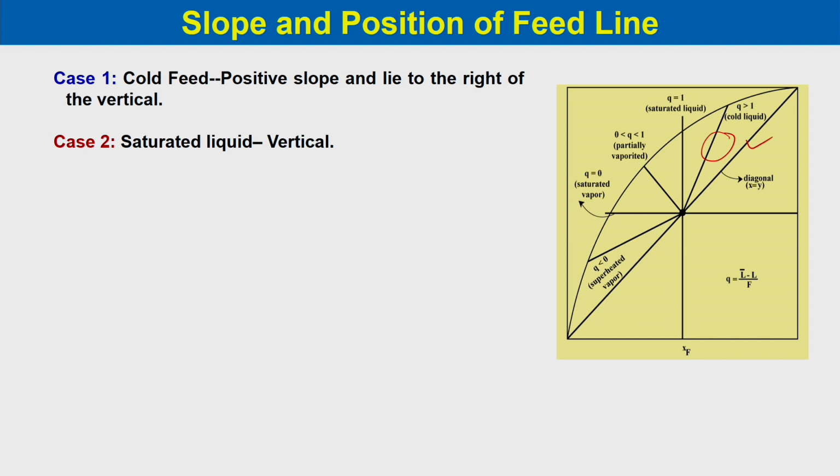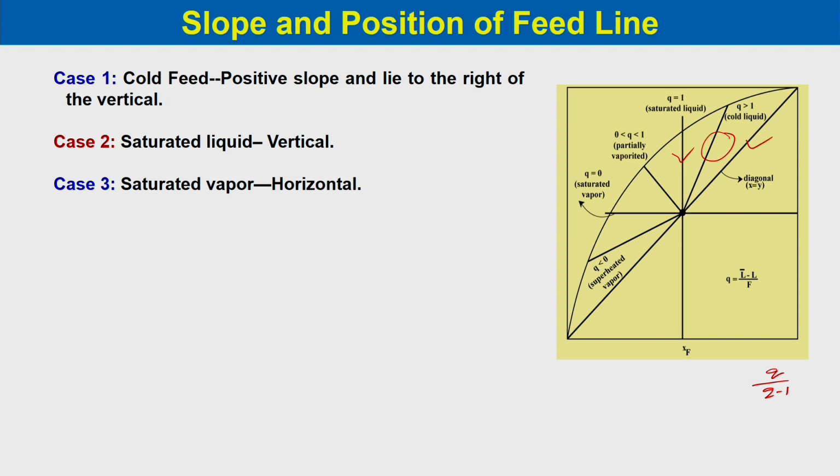So, q would be 1 and the slope, that is q by (q minus 1), will be infinite. So, it will be a vertical line shown over here.